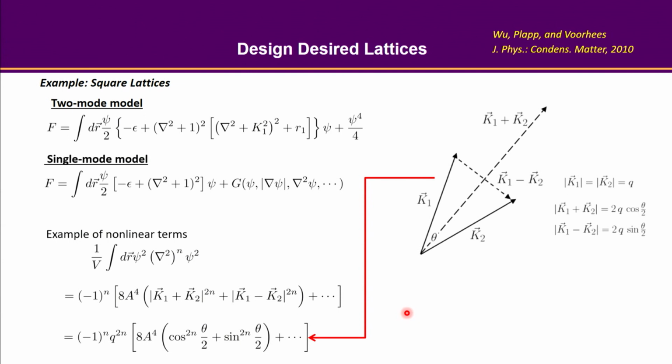So, for example, if you have a k1 in this direction and k2 in this direction, this kind of combination, the sum and the difference of them, can be rewritten in terms of the angle between k1 and k2, right? You have to do a little bit of manipulation, but you can write the energy contribution from this kind of nonlinear term with this contribution.